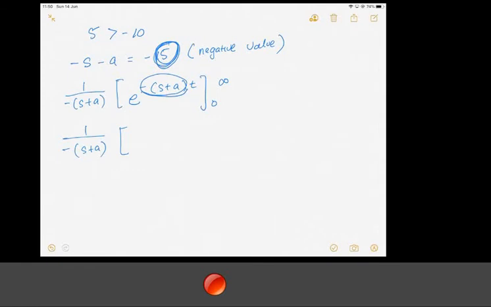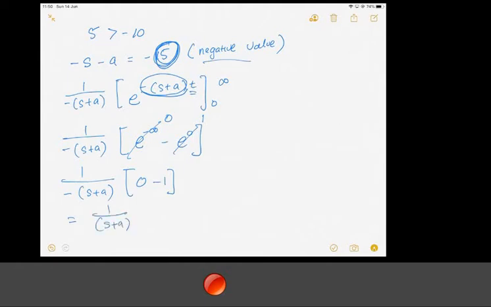Am I right? So your exponent negative infinity, we substitute the value of t here, and then substitute the value of 0, so minus exponent 0. So this one you will get 0, so 0 minus 1. You get 1 over negative s plus a, times 0 minus 1, so you get the positive value, 1 over s plus a.